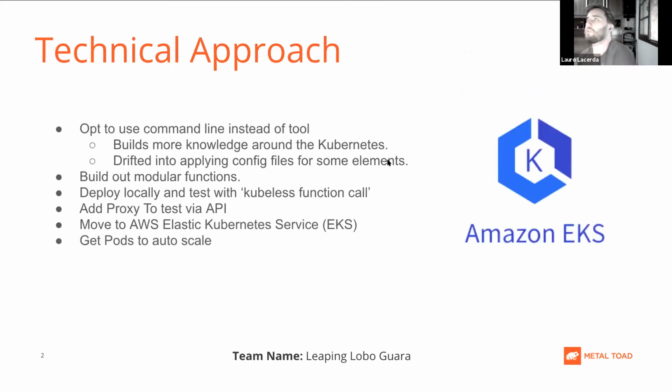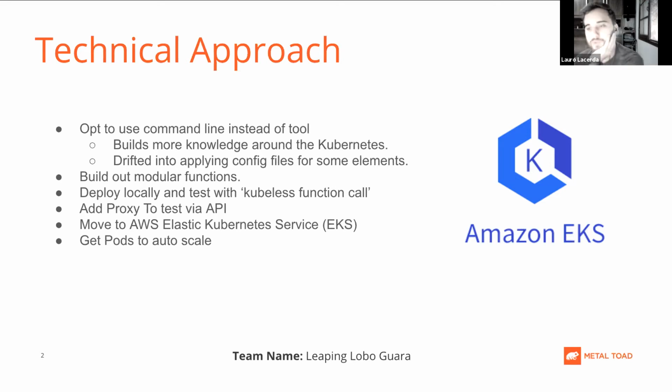Our technical approach for the hackathon project was to use the command line as much as possible, because we were trying to build knowledge around Kubernetes, and we were trying to drift into applying config files for some elements. So we had to look at the config files and try to learn as much as possible.